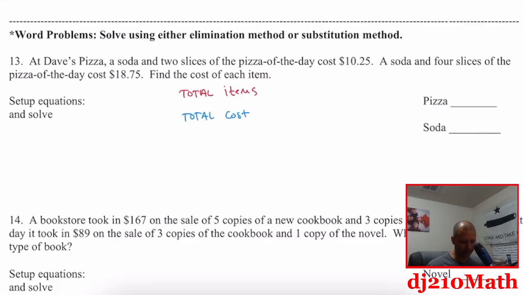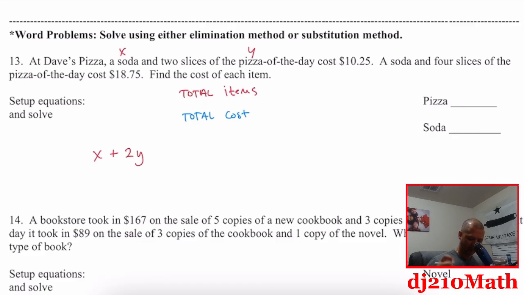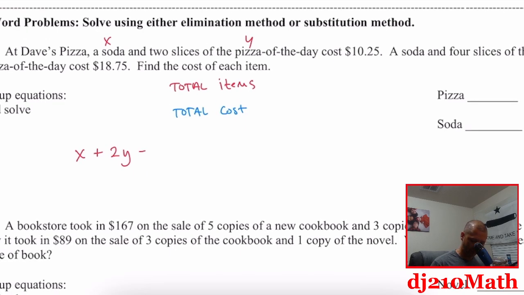So if we let x be soda and y be pizza, then we would get 1 soda plus 2 slices of pizza. This should equal $10.25.